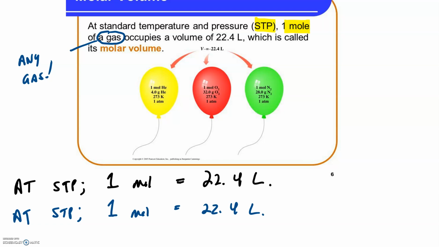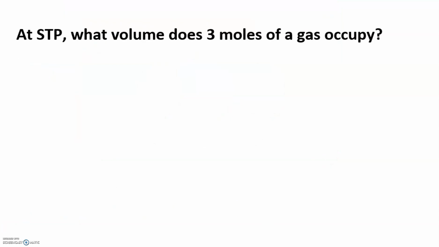How are we going to use this? So let's take a look at a couple of examples of a problem that I might throw at you. Let's check this out. It says at STP, what volume does 3 moles of a gas occupy? Remember that we know that at STP, 1 mole of any gas is 22.4 liters.